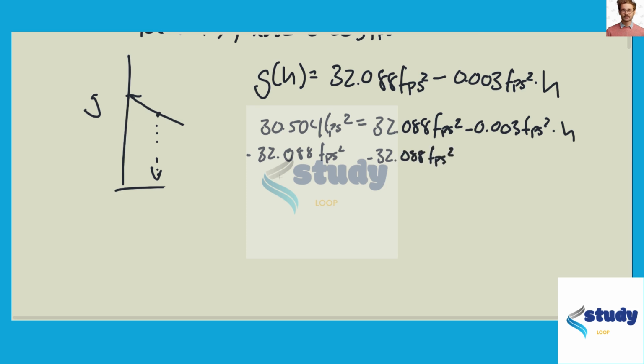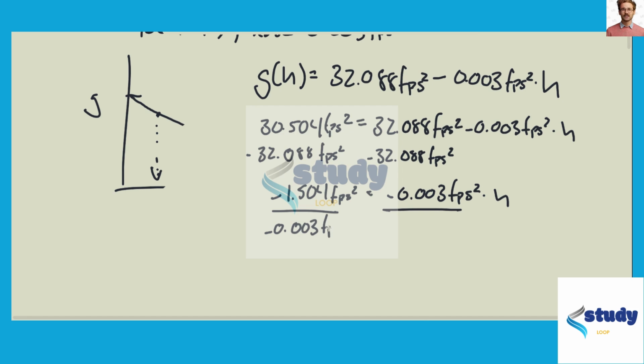So just algebra at this point. Okay, we're going to get negative 1.504 feet per second squared equals negative 0.003 feet per second squared times h. And now we just need to solve for h, so we'll divide both sides by negative 0.003 feet per second squared.